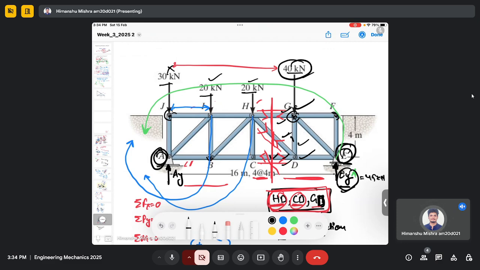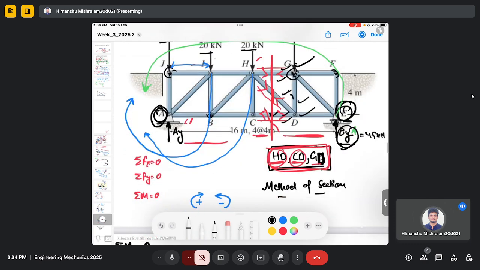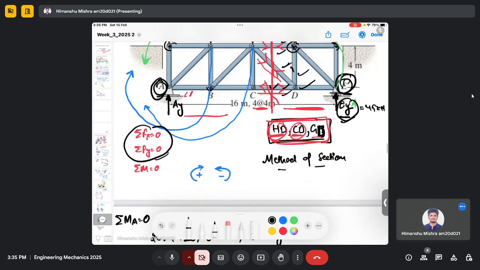Here, in this method, again we have to use the force balance and the moment equation, and the use of the moment equation will simplify the calculation because we already made a cut, and now we can use the moment equation about any point to calculate the force.